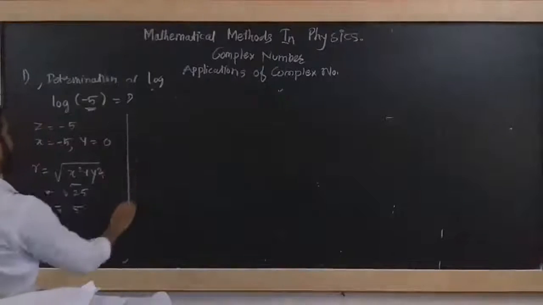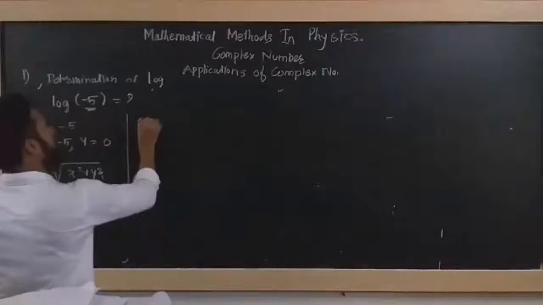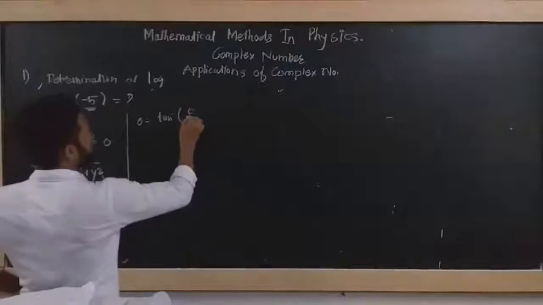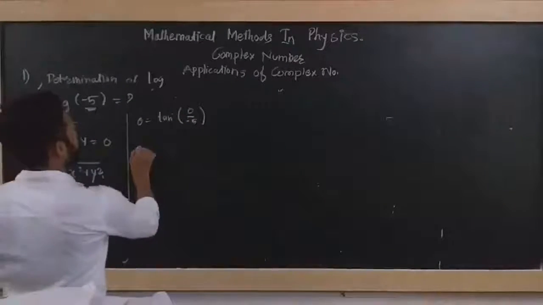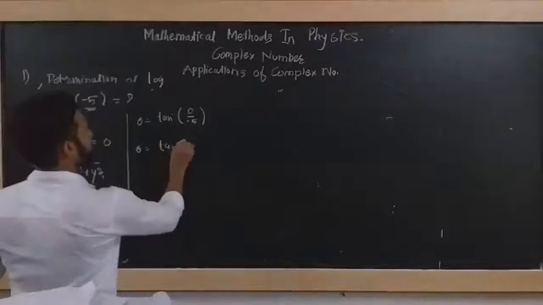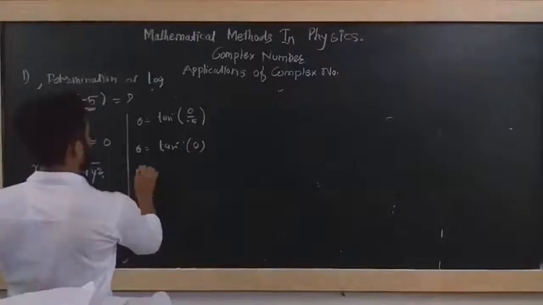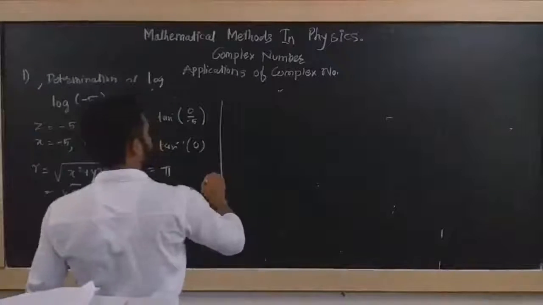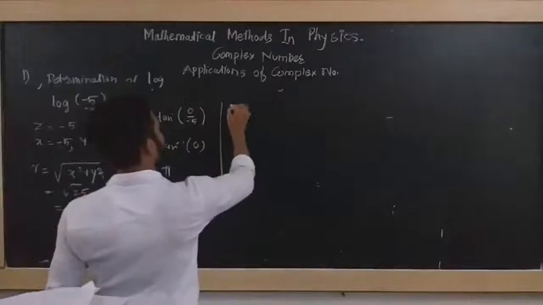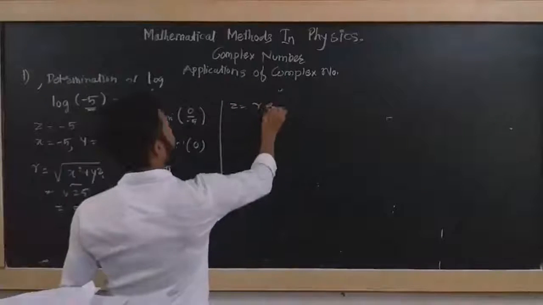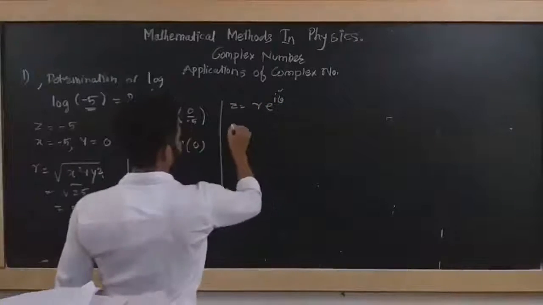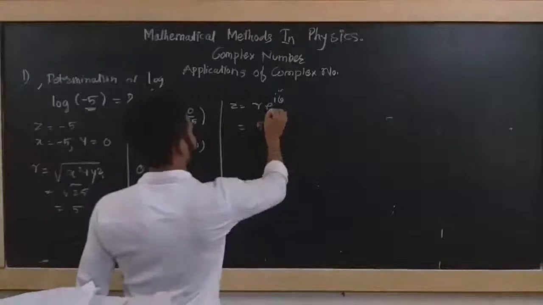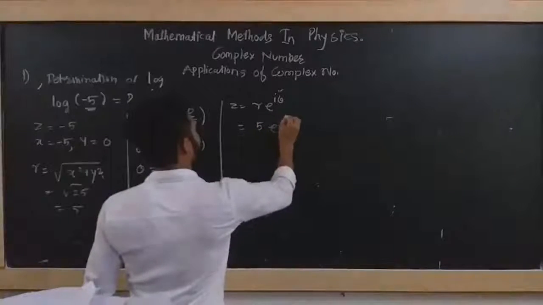Yes. Now find theta, tan inverse of 0 by minus 5. So theta is equal to tan inverse of 0, so theta is equal to pi. Now we can rewrite this complex number in exponential form, r e raised to i theta. So therefore r is 5 and e raised to i pi.